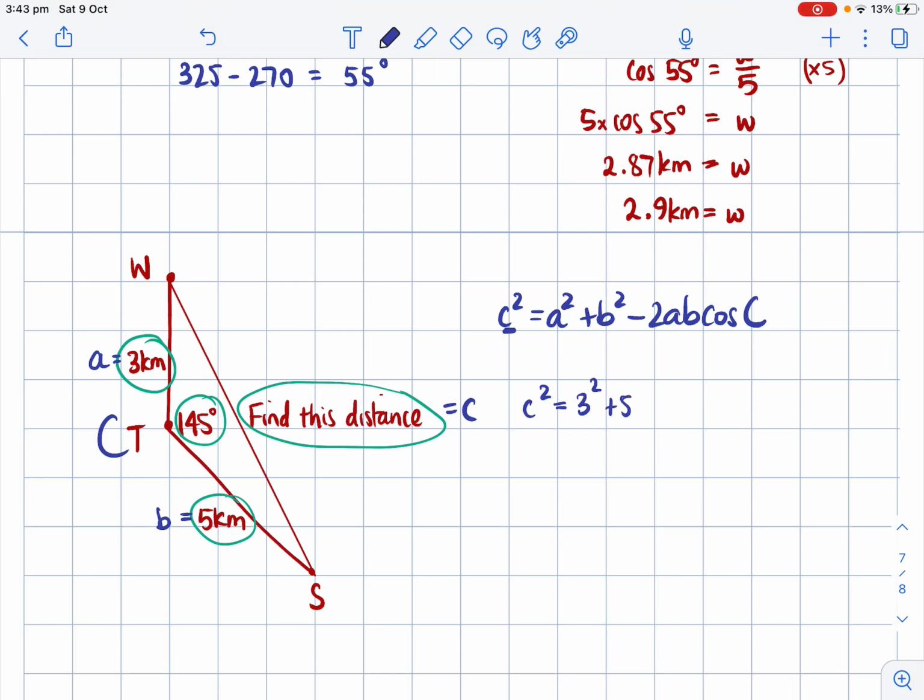So C squared equals 3 squared plus 5 squared plus 2 times 3 times 5 times cos 145. Type that into your calculator, which I'm doing off on the side here.